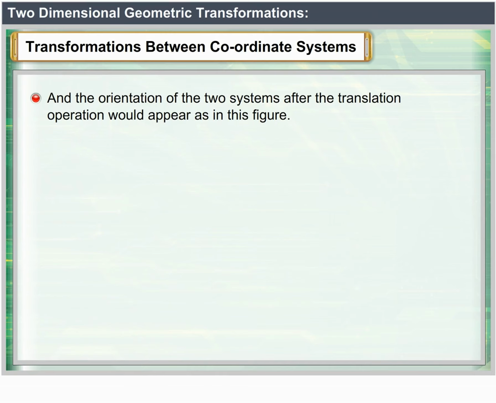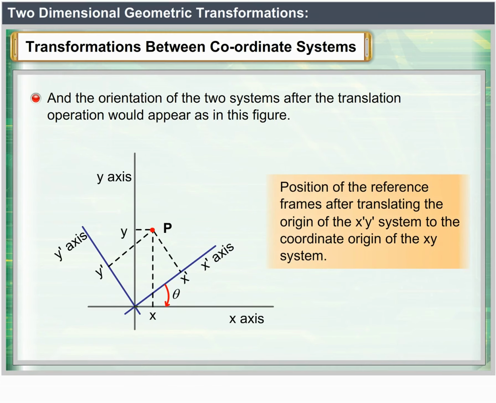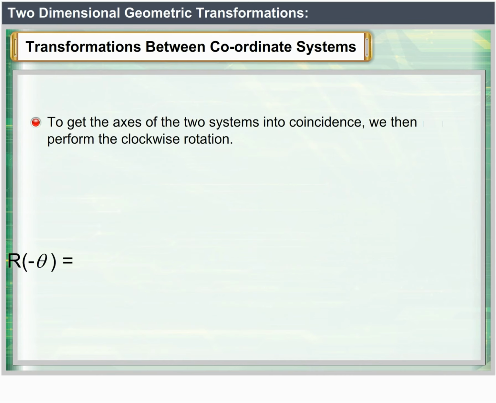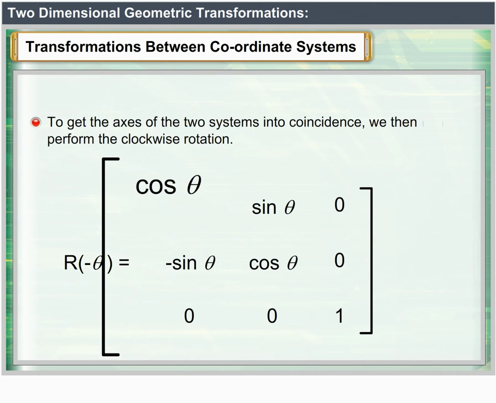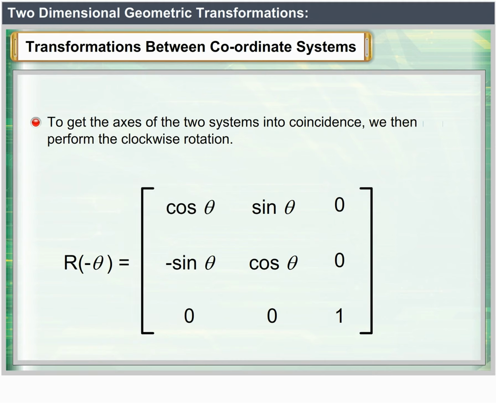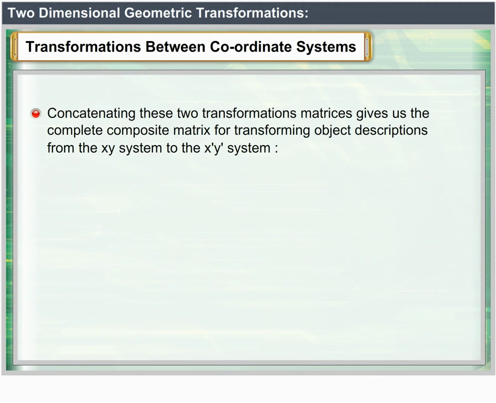To get the axes of the two systems into coincidence, we then perform the clockwise rotation, which is represented in this matrix. Concatenating these two transformation matrices gives us the complete composite matrix for transforming object descriptions from the xy system to the x'-y' system: M xy, x'y' equals R of minus theta and T of minus x0, minus y0.